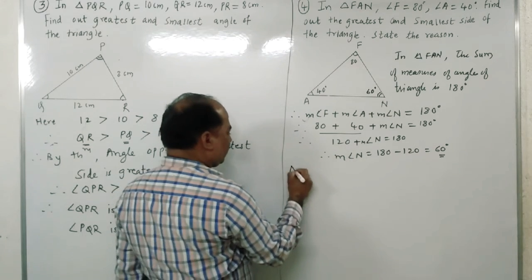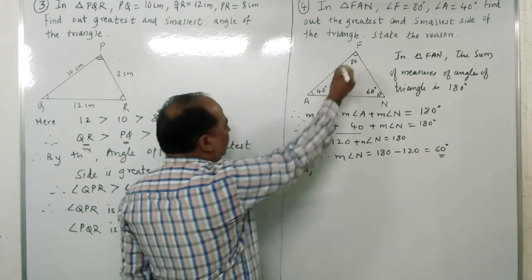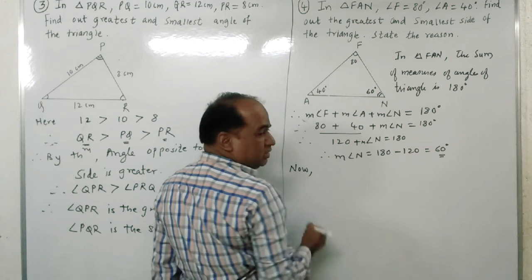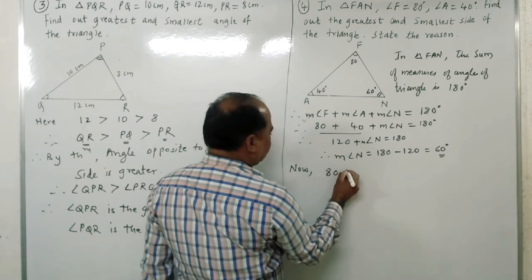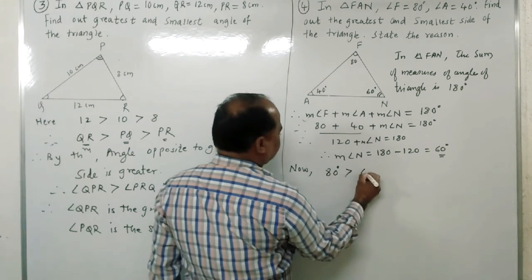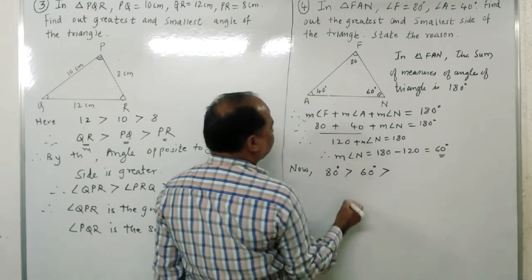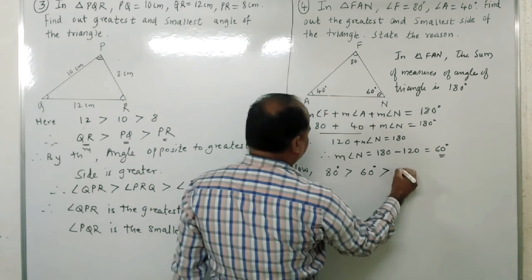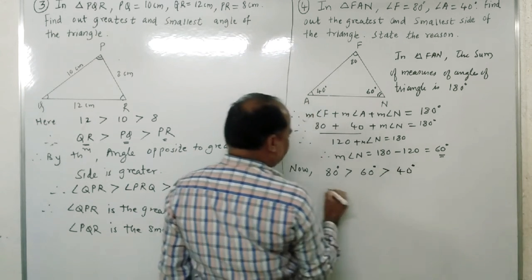Now, out of these three angles, 80 degree is greater than 60, and 60 degree is greater than 40 degree.